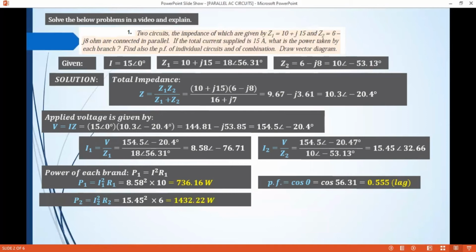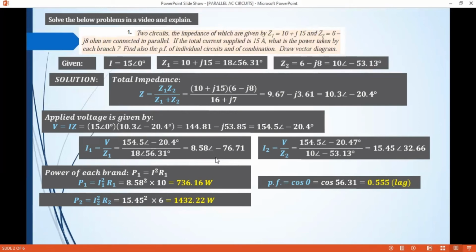So next is for the P2. So for the power of the 2, the same formula but specified for the 2. So I2 squared times the resistance 2.